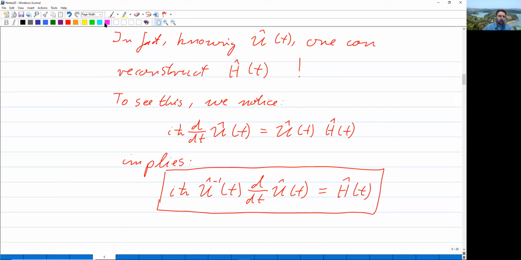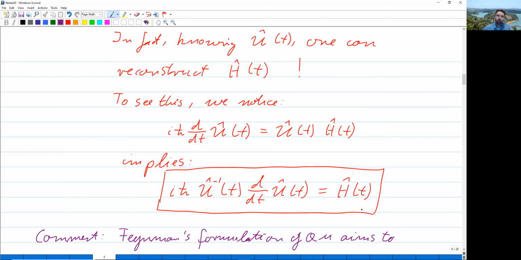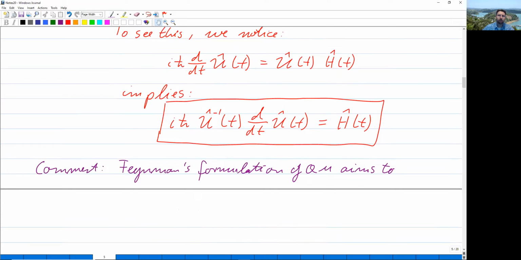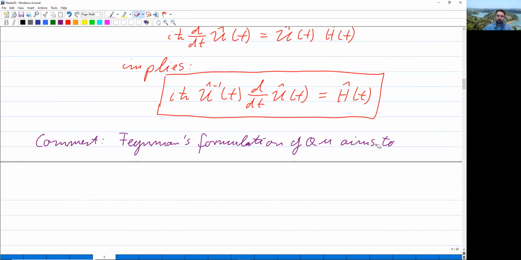Comment: Feynman's formulation of quantum mechanics aims to, has quantum mechanics built on u hat of t. Let's just write it like this.